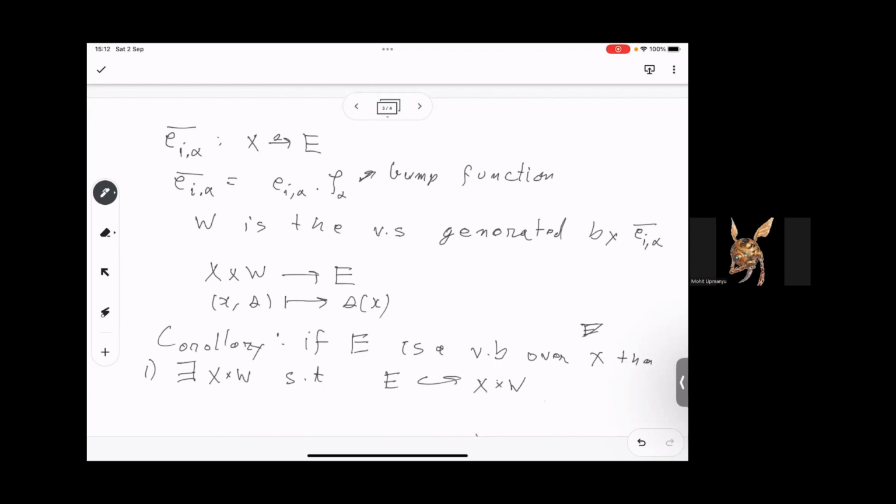So notice that there is some trivial bundle which surjects onto E dual as well. The moment we dualize this surjection, we'll get that E is injective in some trivial bundle. So that's the proof.